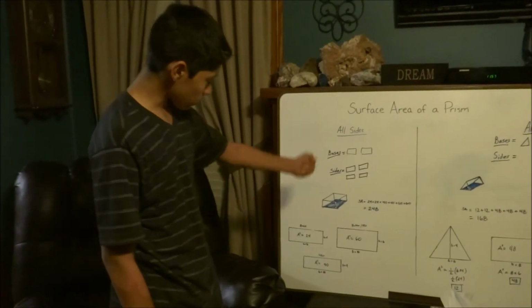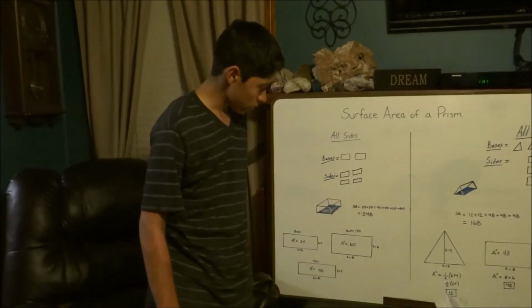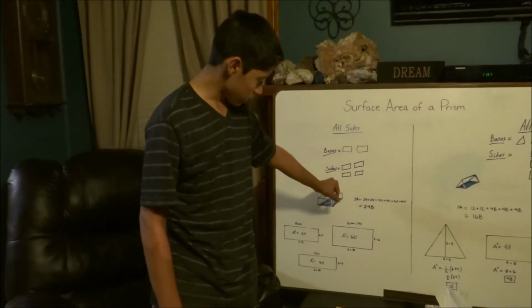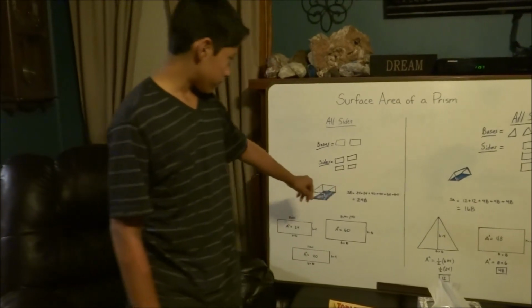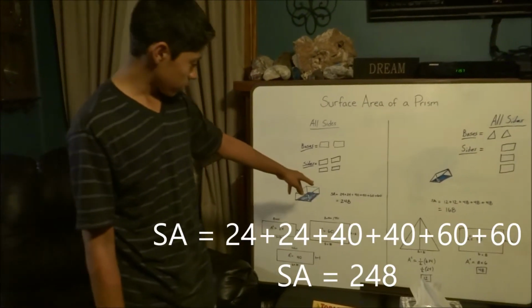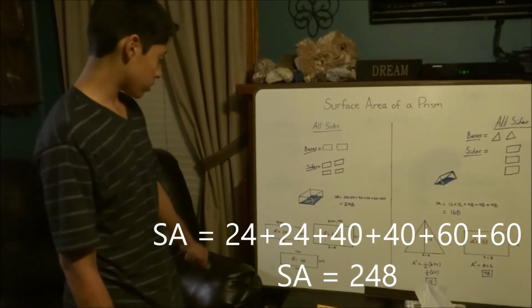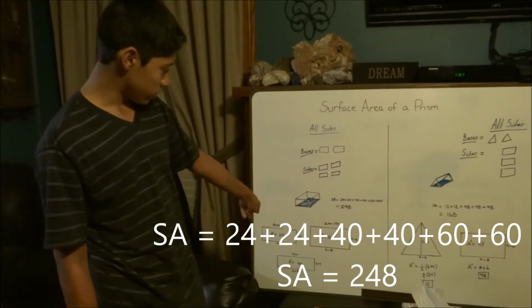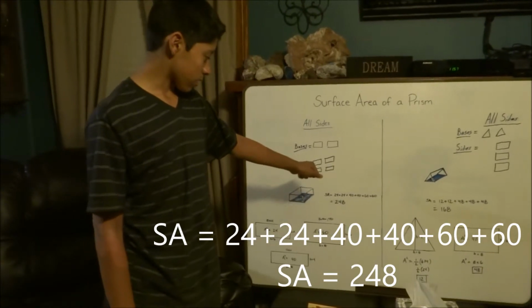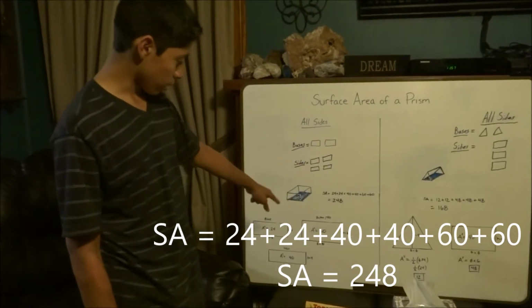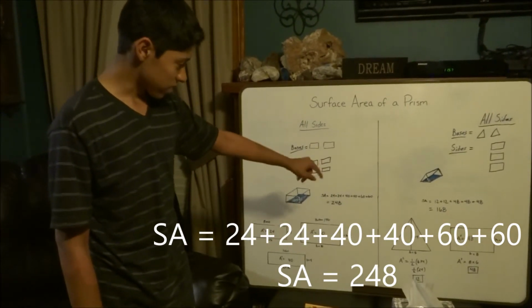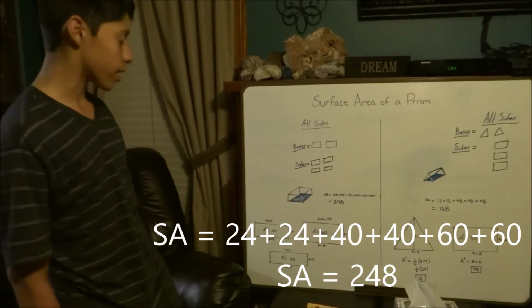Okay, so that will end up for your final equation, which is the surface area equals 24 plus 24, which is the 2 bases, plus 40 plus 40, which is the bottom and the top, plus 60 plus 60, which is the 2 sides.